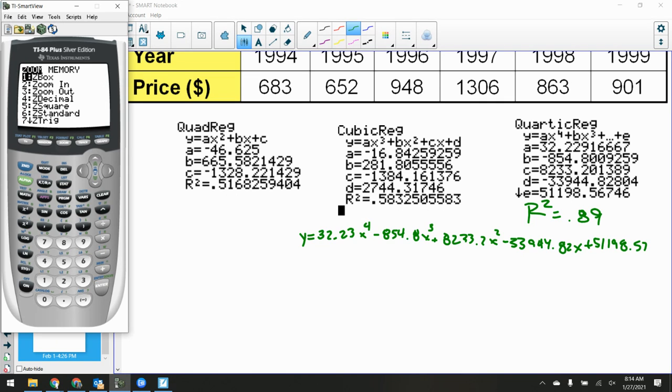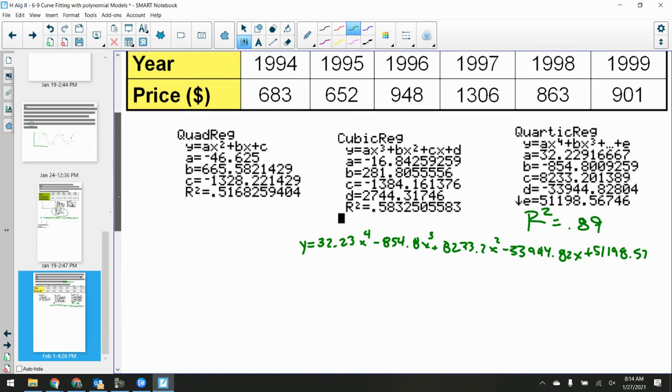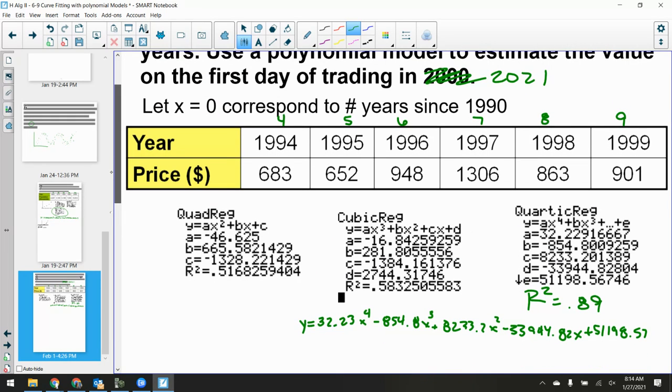Now I'm going to zoom stat to get this to go in. Now, what do we see about the data? It's kind of spread off that line, isn't it? Yeah.